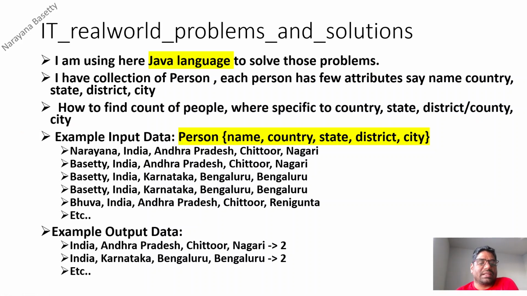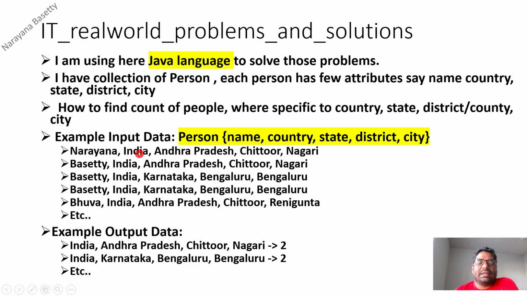For example, let us understand the input data, then we can understand the complete problem statement and then the output data. A person has name, country, state, district, city. This is the name, this is the country, this is the state, this is the district, and Nagari is the city.